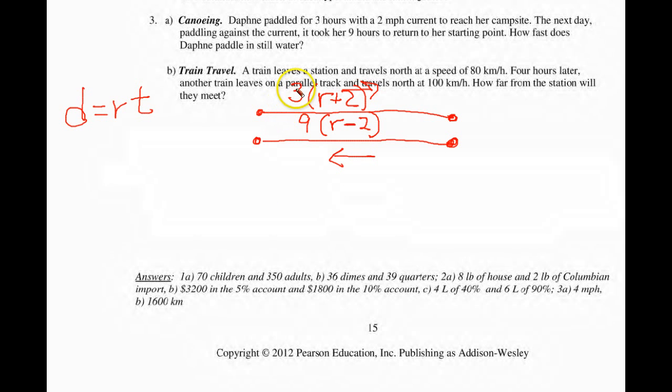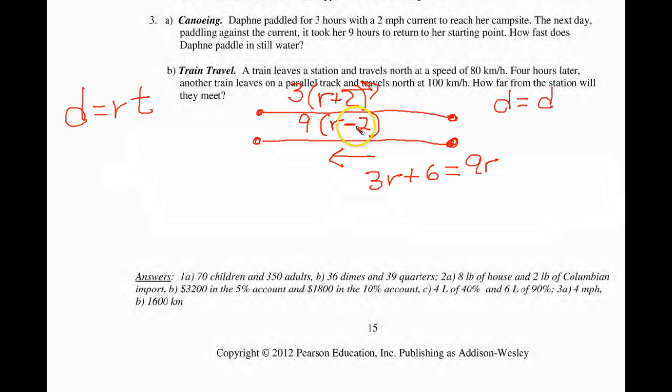So this is time times rate, which is distance. This is time times rate, which is distance. And we know this distance is the same. D equals D. So we're going to set this up in 3R plus 6. I'm going to actually do this one for you.